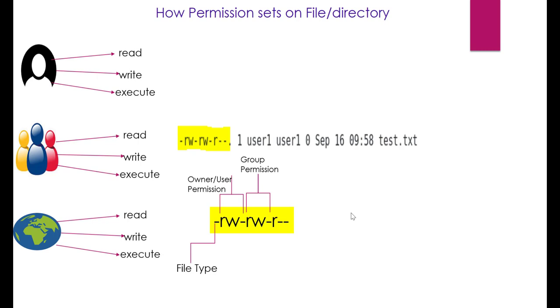The next three characters are talking about the group ownership permission. The group ownership permission for this file is read, write, and no execute. The last three characters are talking about the other ownership permission, which means other users are going to have only read permission on this particular file.